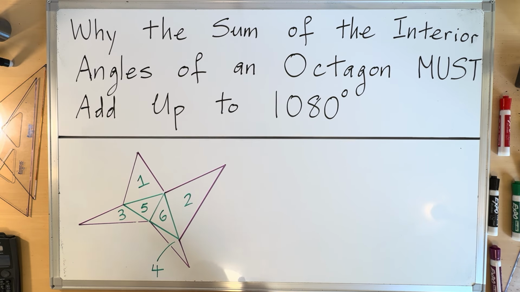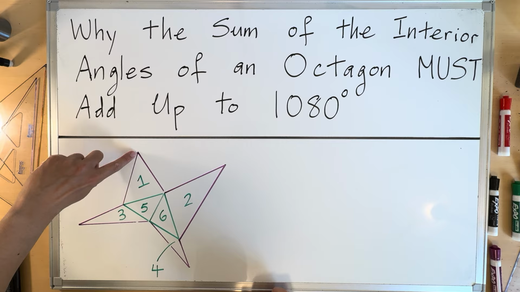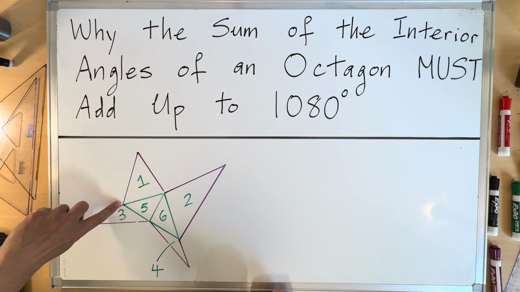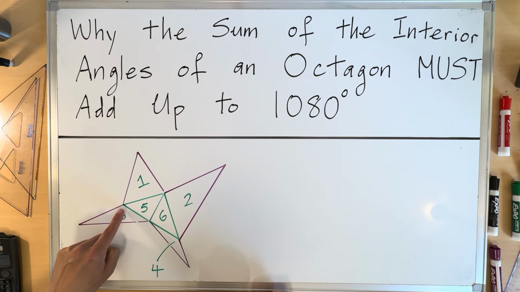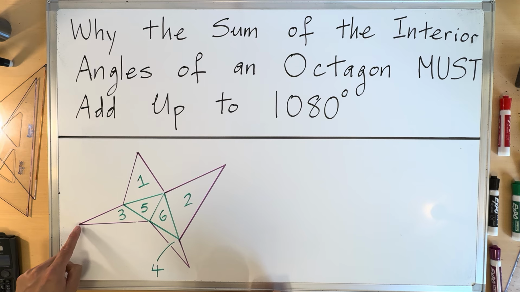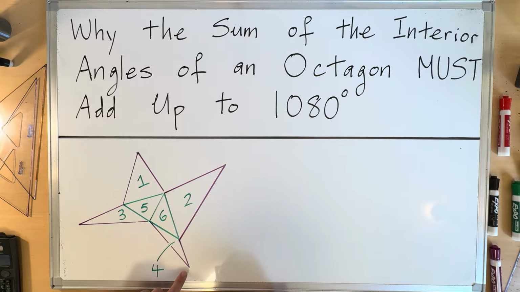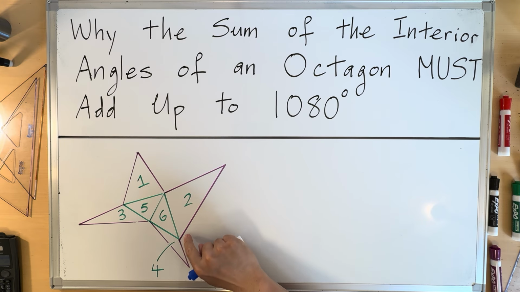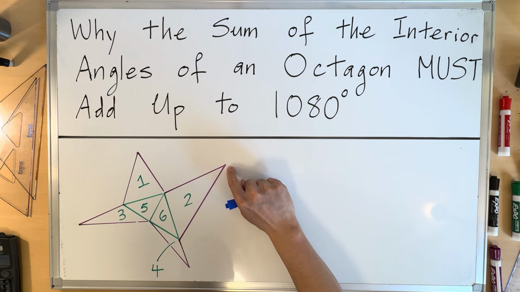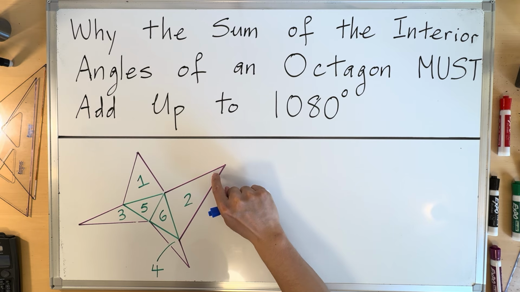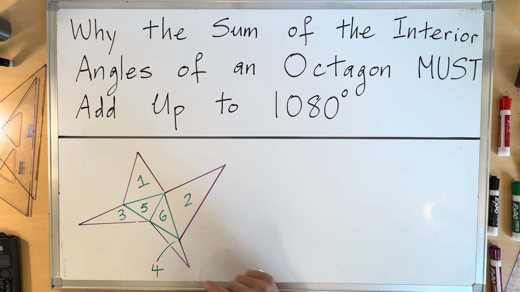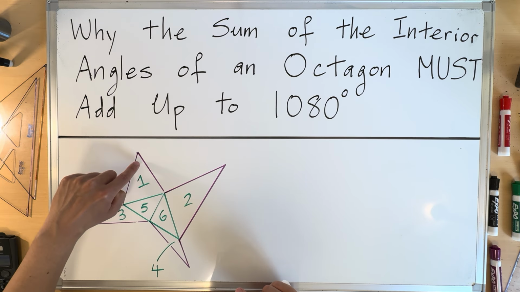So we have one side right here, a second side right here, a third side right here, a 4th side right here, a 5th side right here, a 6th side right here, a 7th side right here, and last but not least, an 8th side right here.